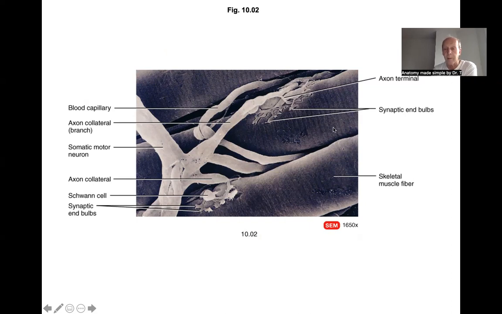We can see those alternating light and dark bands. But this photograph, magnification of 1,650 times, will be actually important for us to understand how the nervous signal action potential comes from nerve onto the muscle and stimulates the muscle to do contraction.